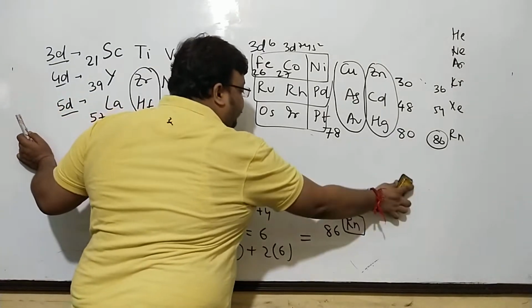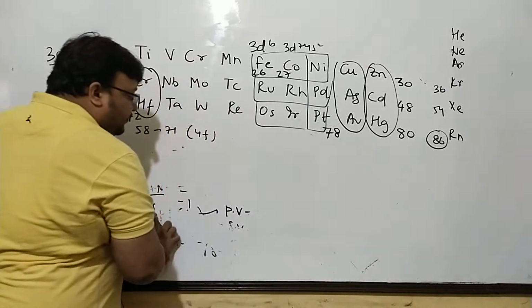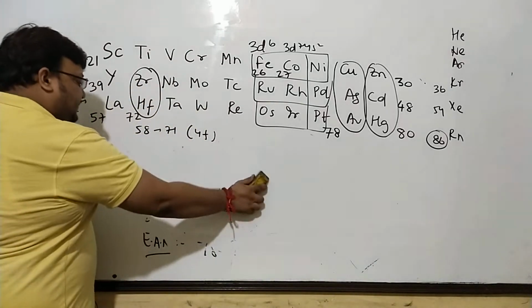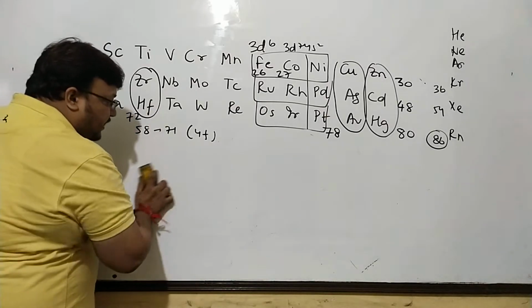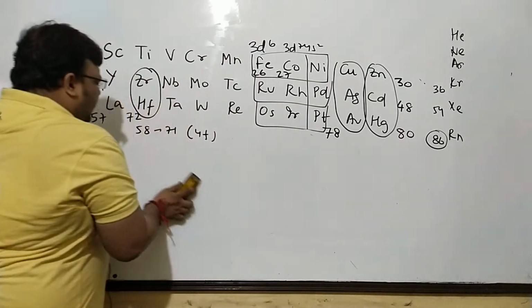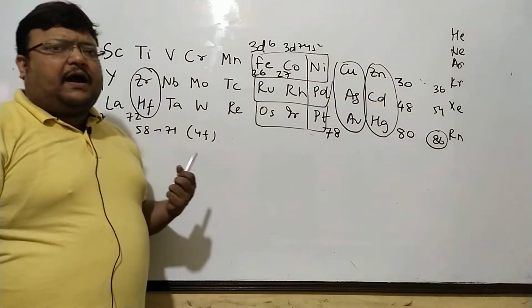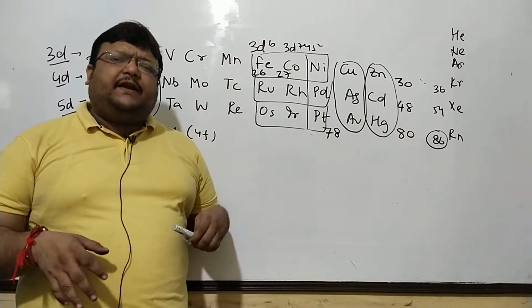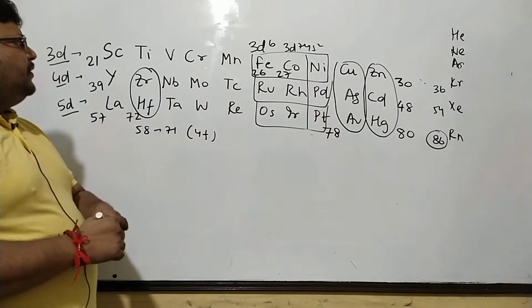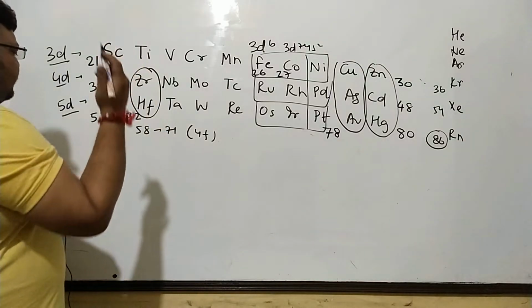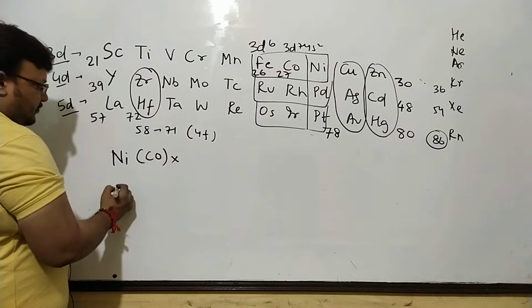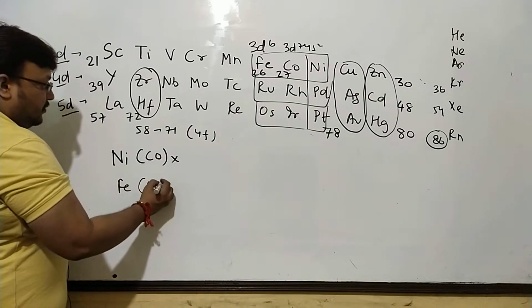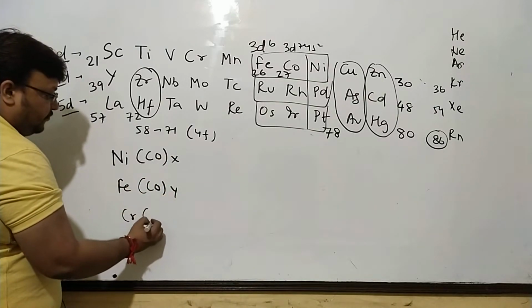Some of the earliest known complexes were the carbonyls, and three popular carbonyls which were discovered very early were the carbonyls of nickel, iron and chromium.